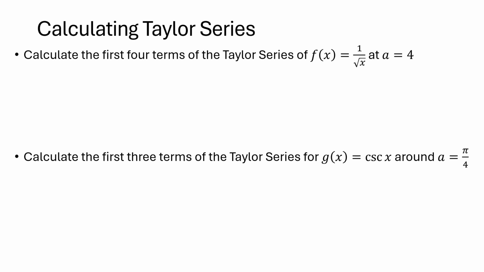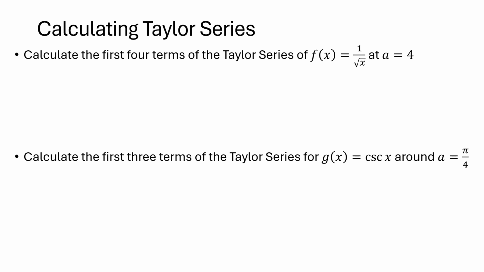So for right now, we're just going to find the first 4 terms. By the way, for most practical applications, you only need a certain number of terms anyway, so finding the first 4 terms or the first 3 terms, that's more like what you would actually do, because there aren't a whole lot of applications for finding a full rule.